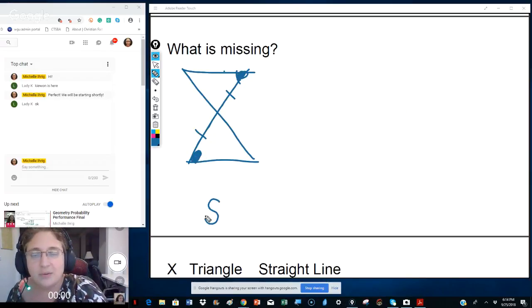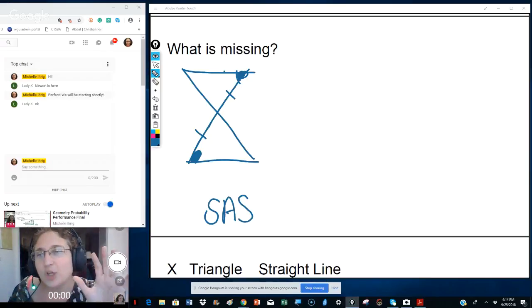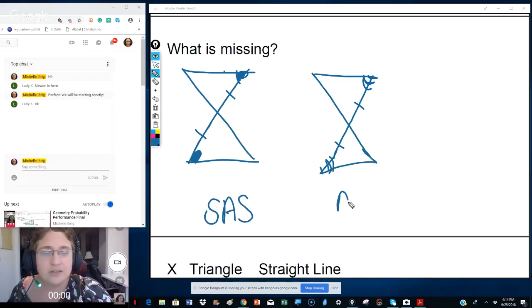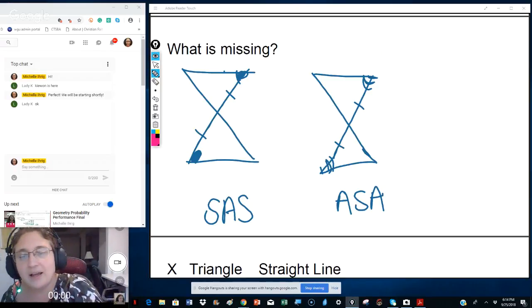Because if they tell you that picture and they want side, angle, side, that's going to be totally different than if you get the exact same picture and they say that they want angle, side, angle. So the order matters. So right here, I have this is an angle and this is a side. So I've got my angle, side.